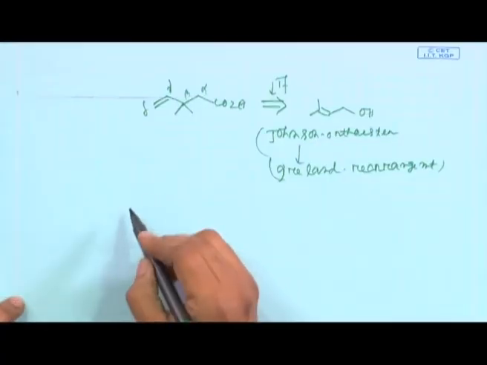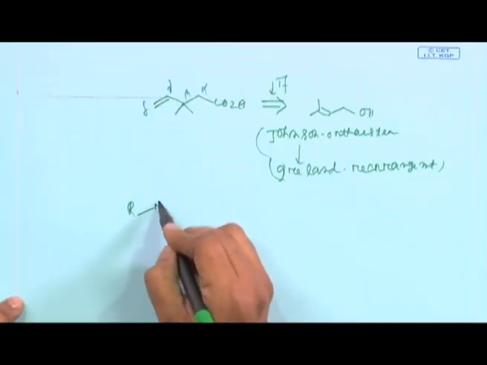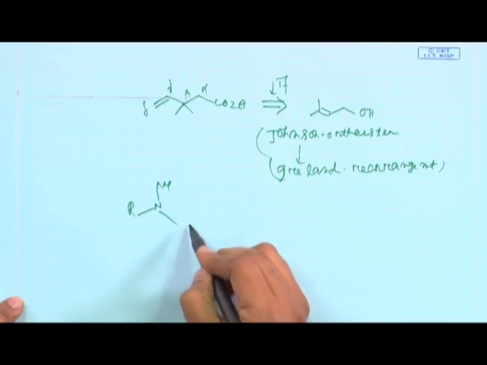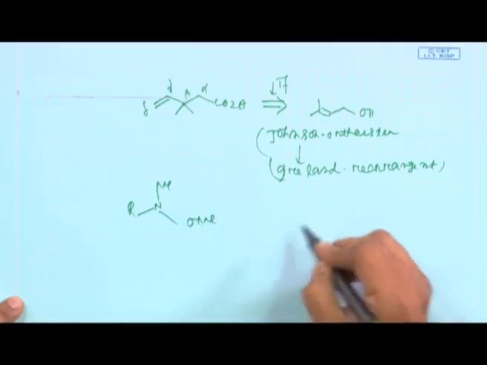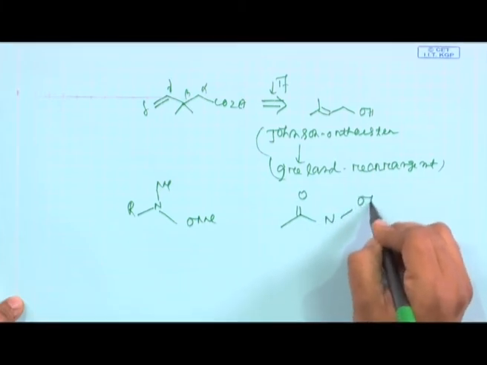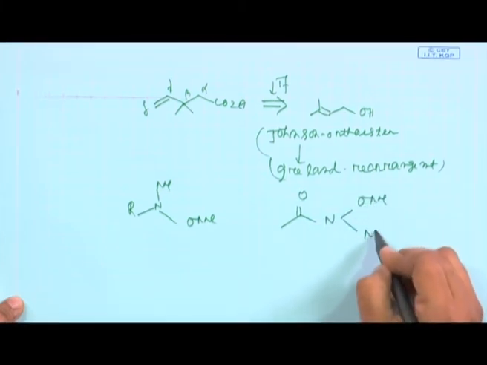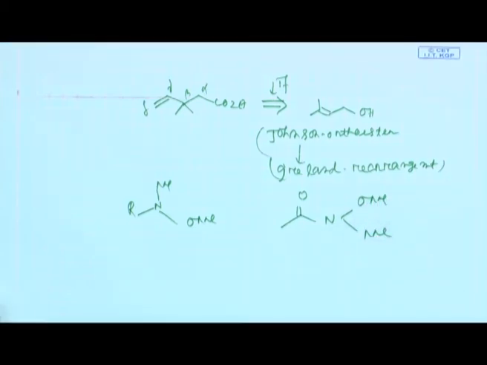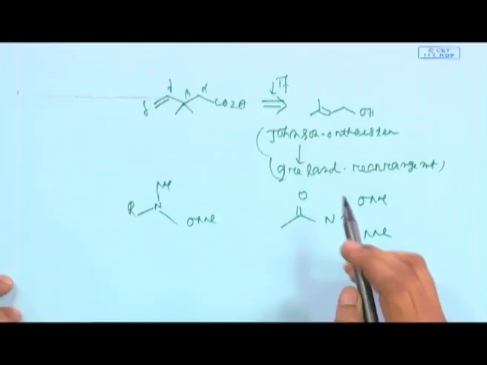How does this OMe help? It basically helps in chelation. The chelate is rock stable; it does not matter how many equivalents of nucleophile you add, the chelate will remain stable. Then you just quench it with acid, and you get one equivalent addition of nucleophile.